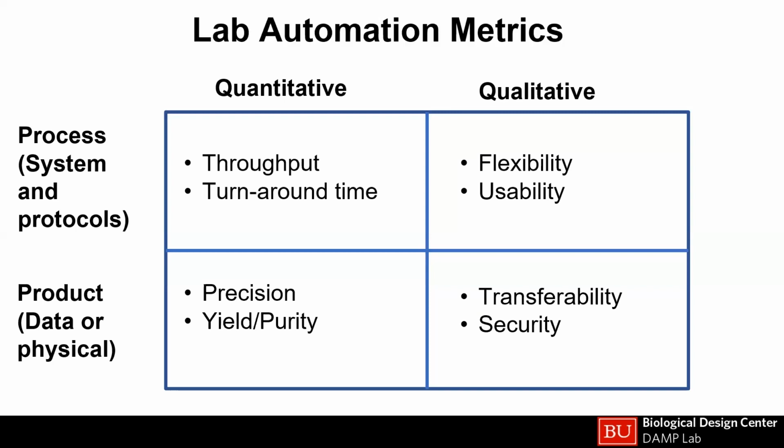How secure is it? Are you able to easily store it and transfer it to another group or the end user? I think there are many other examples for each quadrant, and there are probably metrics that don't fit into any of these or fit into all of them, but this is just one way I was thinking about looking at this.